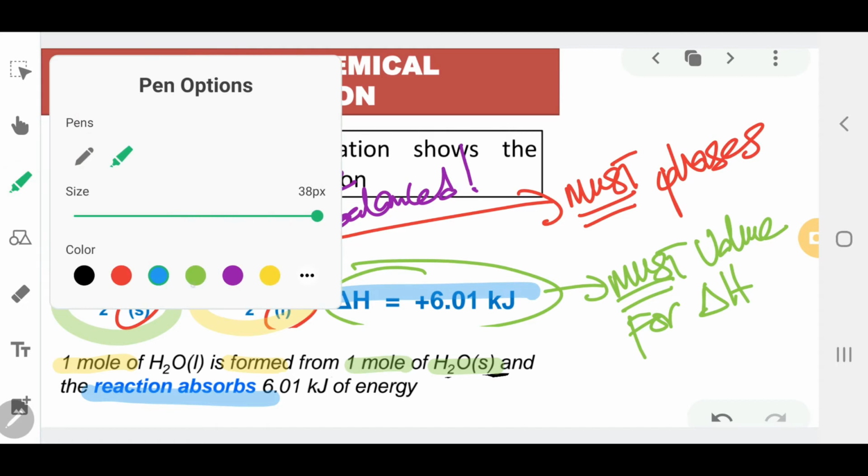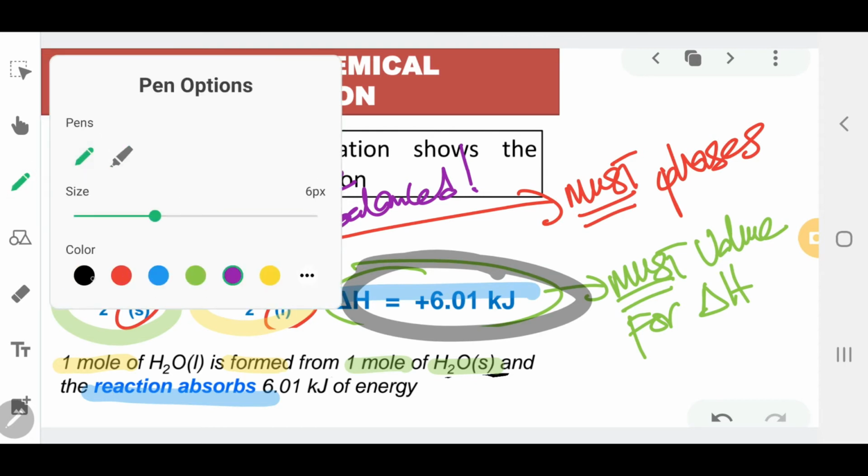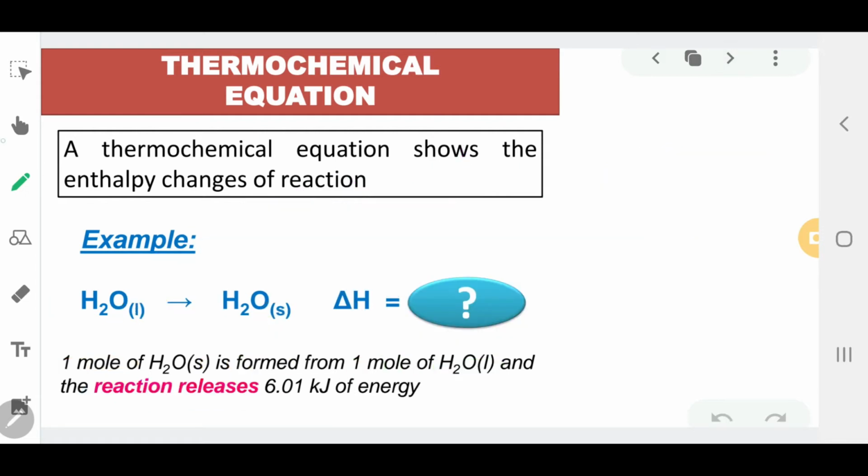This is an example of an endothermic reaction, because heat is absorbed from the surroundings into the system. Now, what happens if you have the equation reversed?